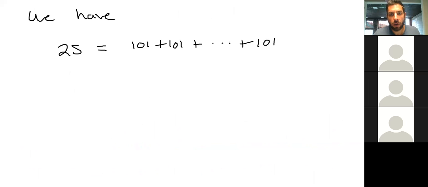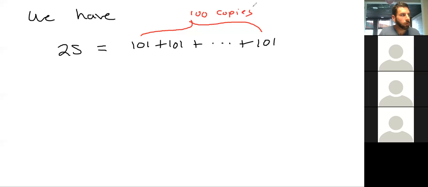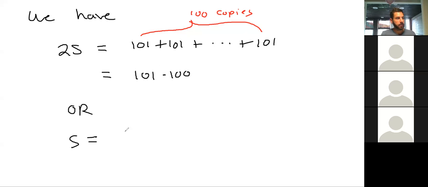Now, we know how many we have of these. We have 100 of them. So this means that we have 101 times 100, or our sum that we were after, s is equal to 101 times 100 over 2.